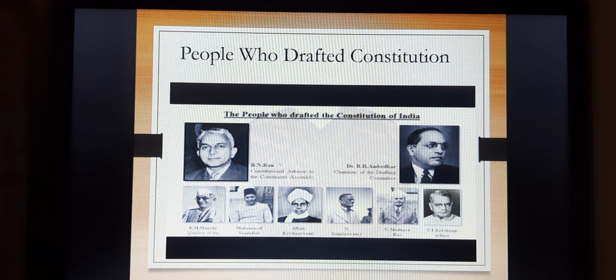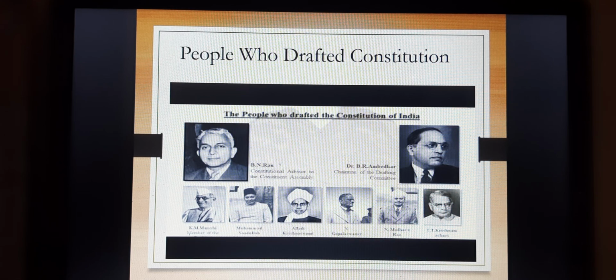After that, we have K.M. Munshi, a member of the drafting committee of our Indian constitution. Muhammad Saadullah was also there. Alladi Krishnaswami was also there, one of the persons. N. Gopalaswami Ayyangar was there, and Madhav Rao was there. T.T. Krishnamachari was also there. So these were the persons who drafted the Indian constitution.